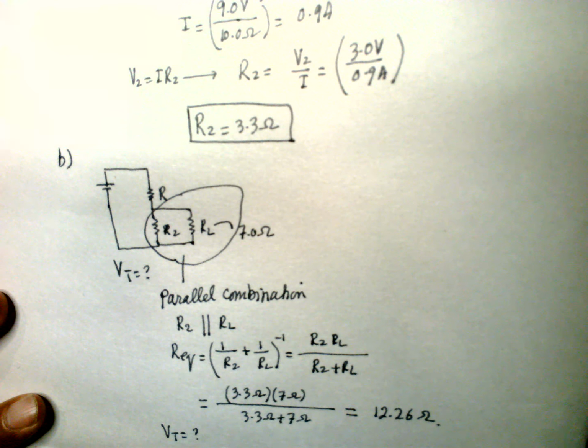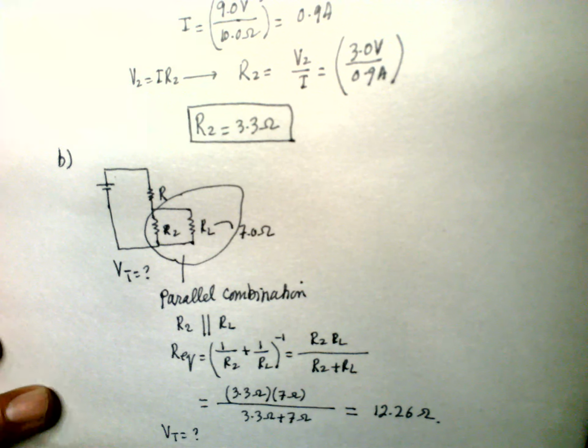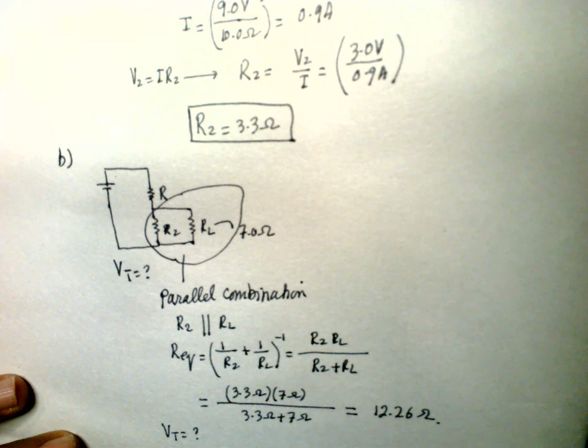So I is equal to 12 over R, which is 26.26, then current is equal to 0.978 ampere.